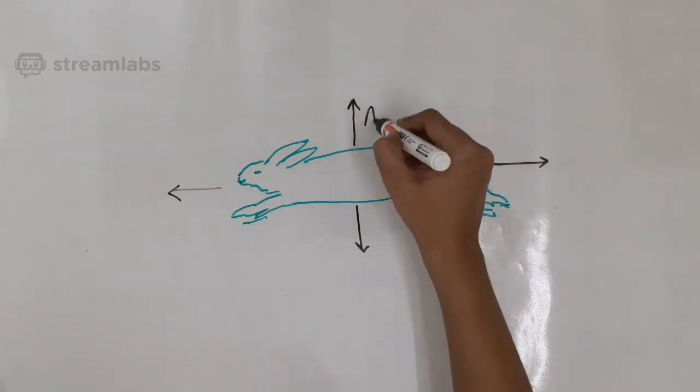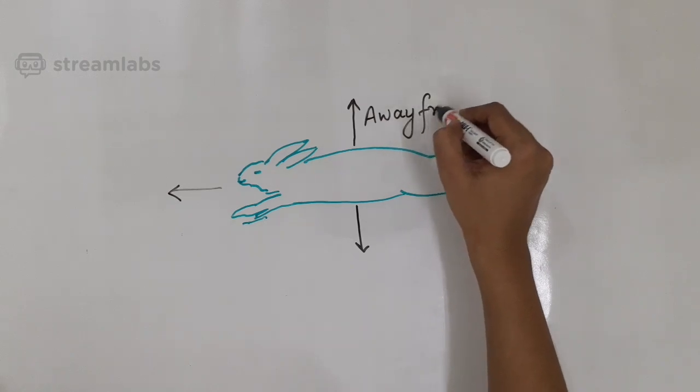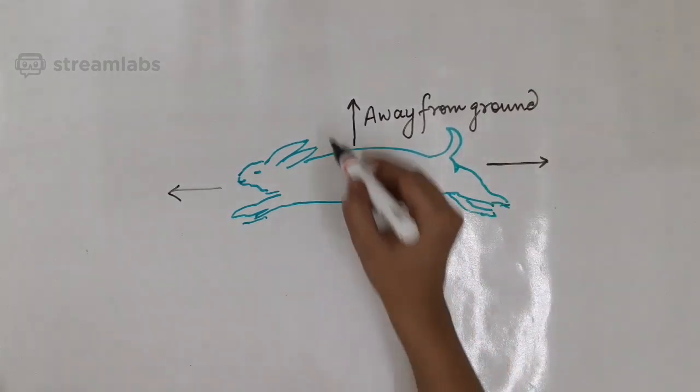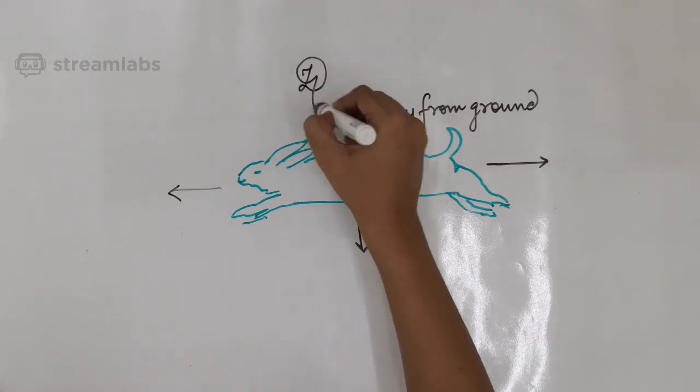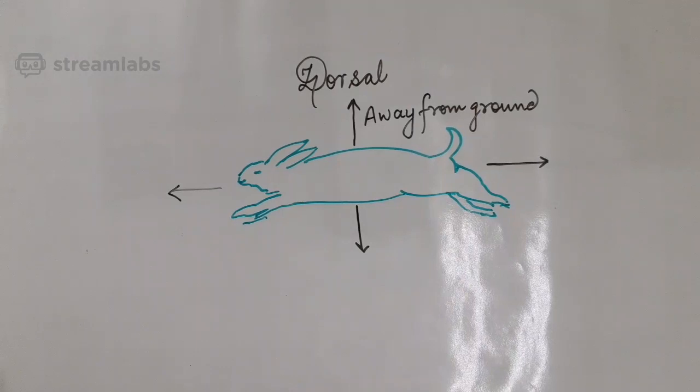When you look at this animal away from the ground, it is called the dorsal view. Okay, dorsal side or dorsal view.